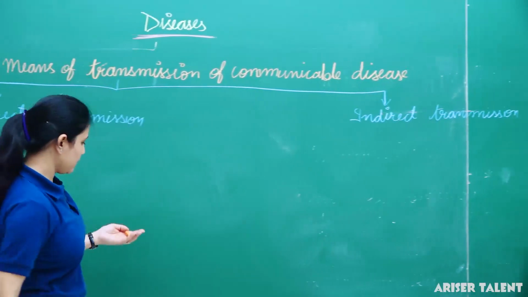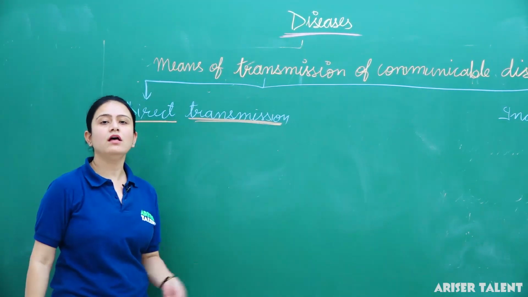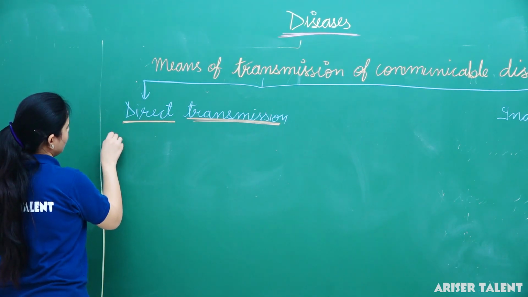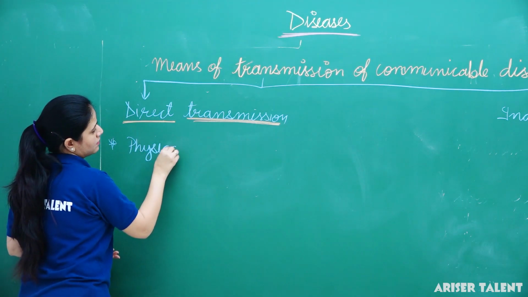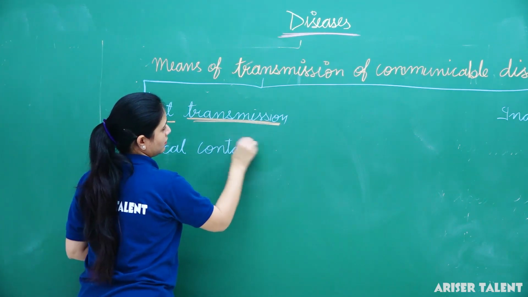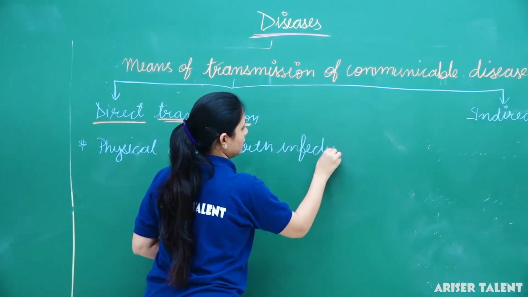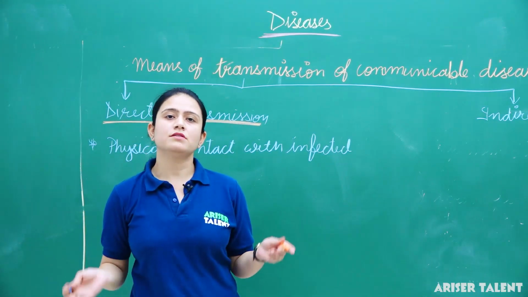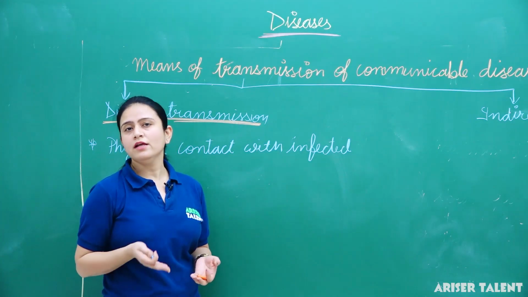What about direct transmission? It is when a healthy person comes in contact with an unhealthy or infected person. Number 1 is physical contact with an infected person. Suppose a person is suffering from smallpox or chickenpox, and a healthy person comes in direct contact with him or her, then he will also get infected.